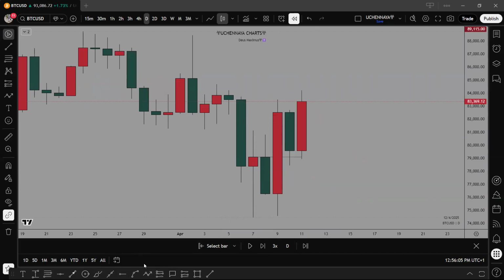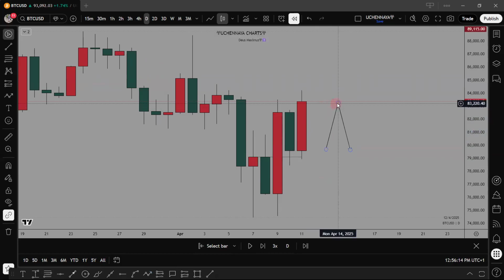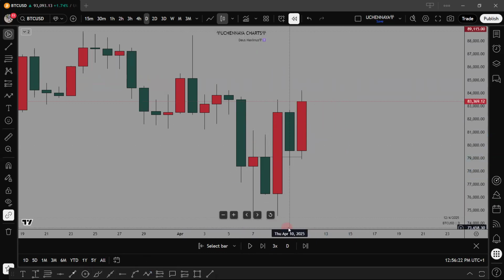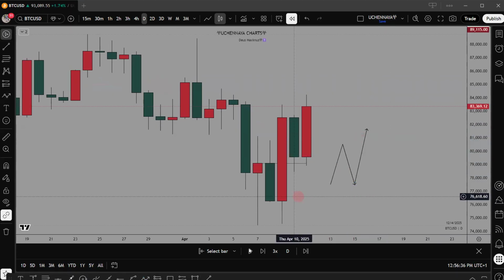A resistance that gets broken and then turns into a support.